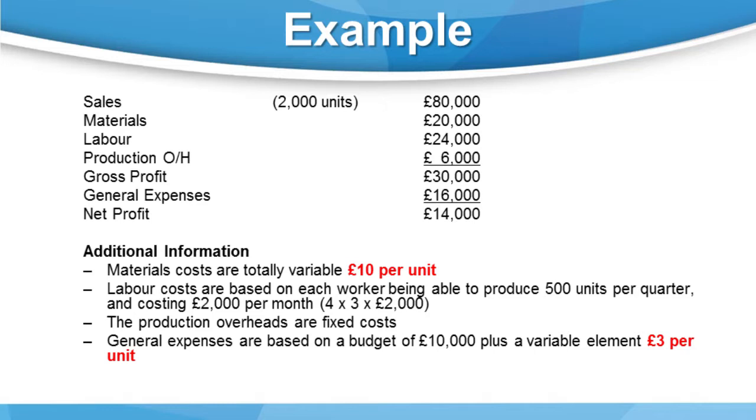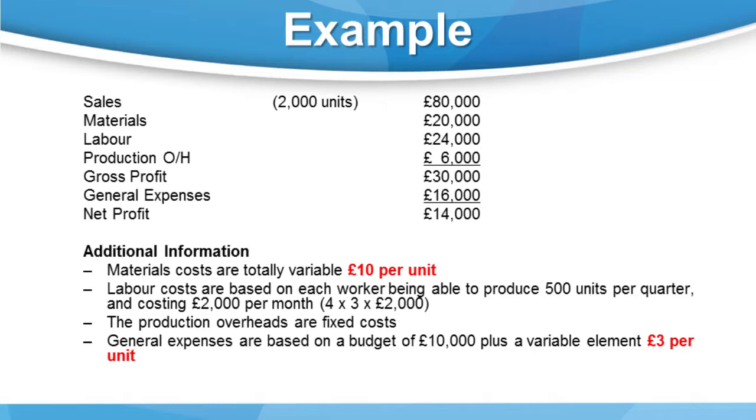Labour costs are a little more complicated in this example. One worker can produce 500 units per quarter, so to produce the original budget of 2,000 units we would need 4 workers. They're each paid £2,000 per month, but remember, there are 3 months in the quarter, so the original budgeted cost is based on 4 workers times £2,000 times 3 months, which is £24,000.